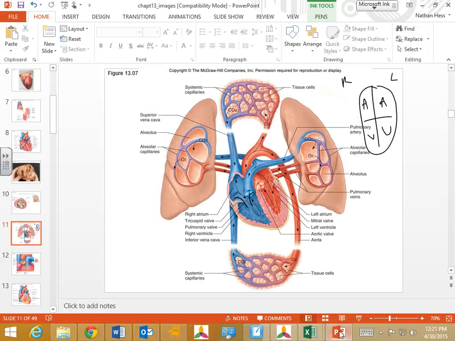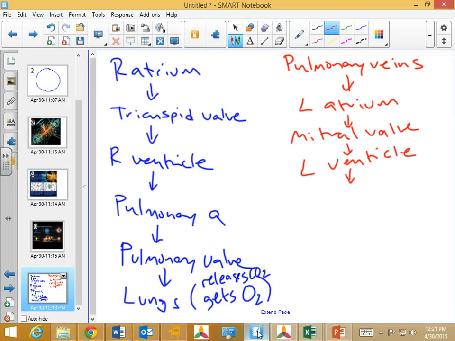It's going to go to the aorta, and it will go through the aortic valve. And again, the point of those valves is simply to keep the blood from flowing backwards. Because it's under pressure, right? These things are squeezing and pushing it out, and it's to keep it from flowing backwards.